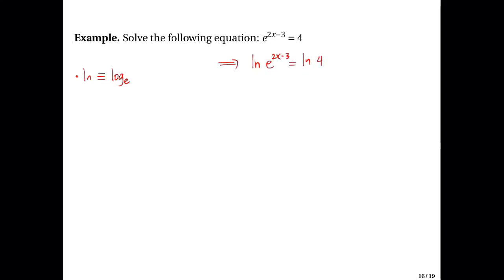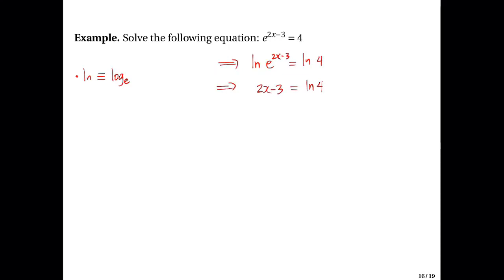Same property that we used in the previous problem: your ln and your e cancel, so we'll just have 2x minus 3 on the left-hand side, and on the right-hand side, we have ln of 4.